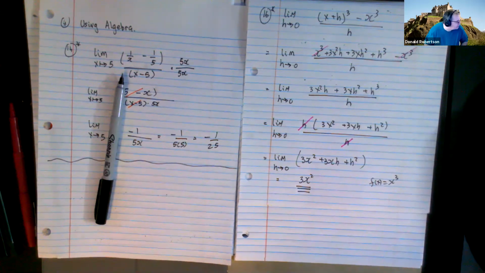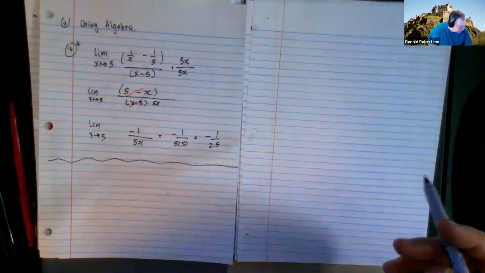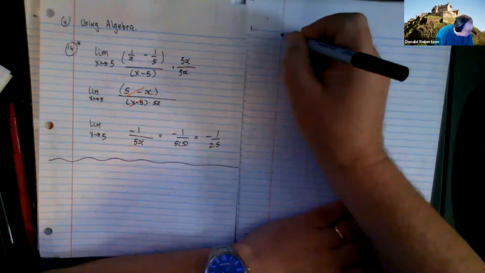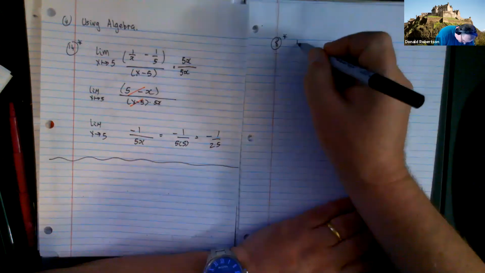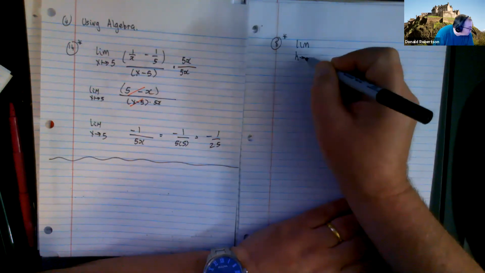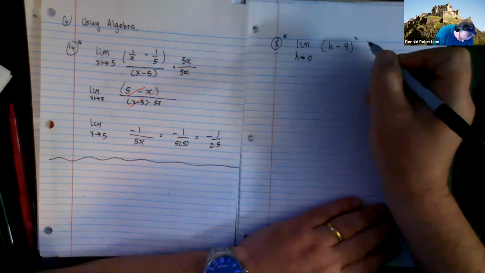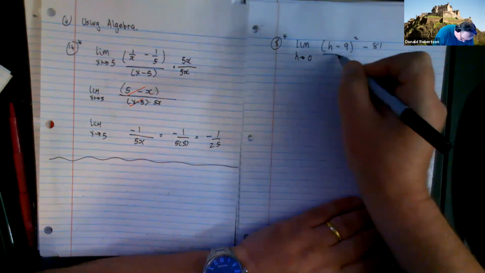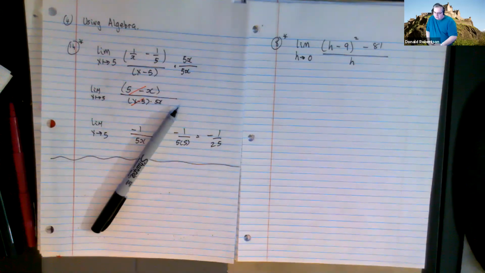Let's see if we've got anybody else that we've still got some algebra with. Okay, plenty of time. Do one last example of the algebra, guys. And I think this has pretty much covered it. This is a bit like question 8. And it's a limit as h tends to 0 of h take away 9 squared take away 81 over h. Okay, you got 2 minutes, go for it.